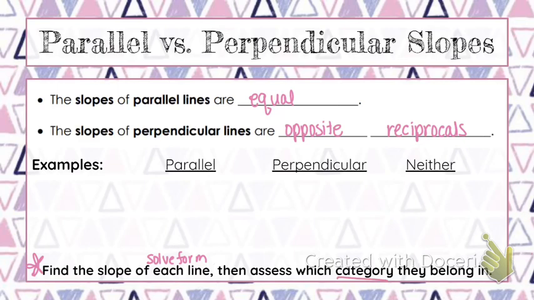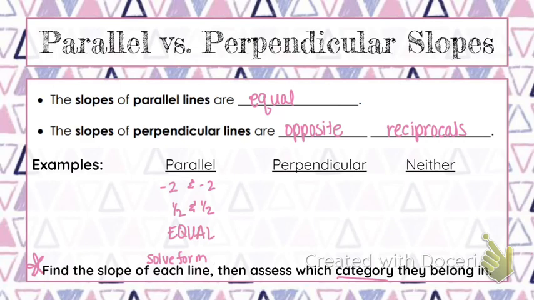Then you can look at which category they belong in. So parallel slopes are when you have -2 and -2, or 1/2 and 1/2. They are equal. But perpendicular, these are negative reciprocals.